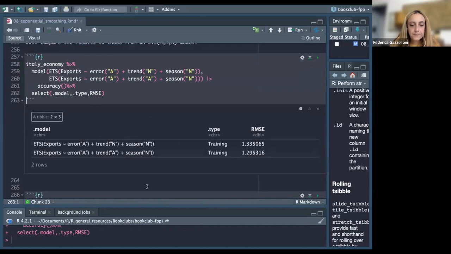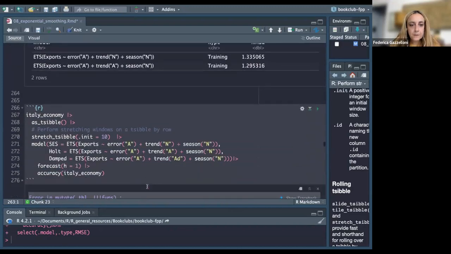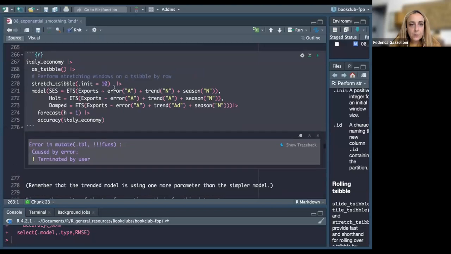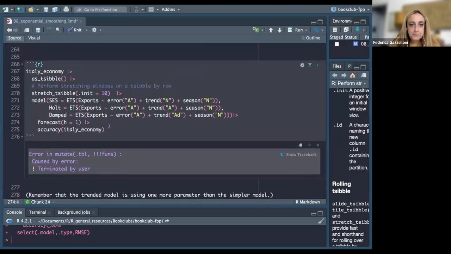There you go. So this is with the forecast, and I added even the damped export, so the different parameter for the trend.